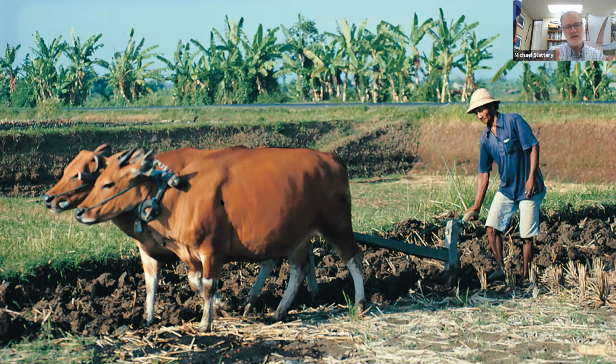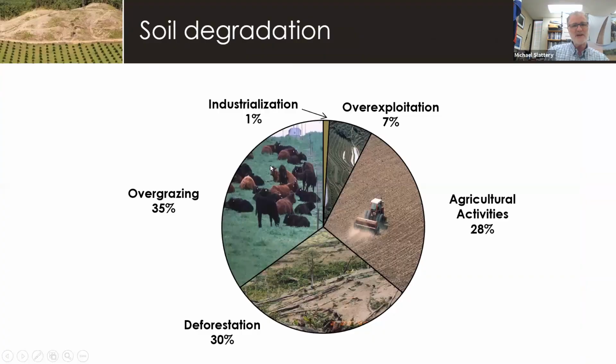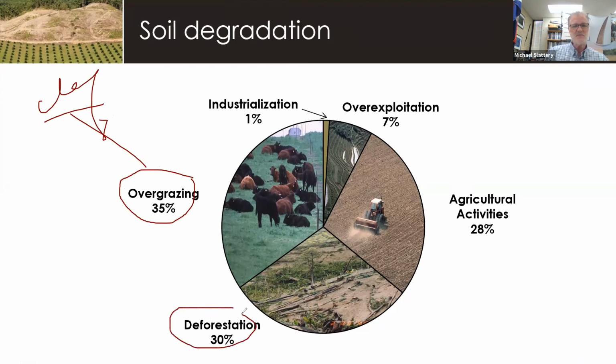So there are three broad land uses here that lead to widespread global degradation of soil, right? I've just summarized these here. One is overgrazing. You can see, everyone, how this is linked to something like deforestation, right? So overgrazing, concentrated overgrazing by cattle and sheep, deforestation, right?